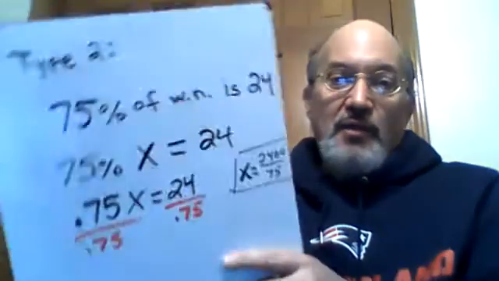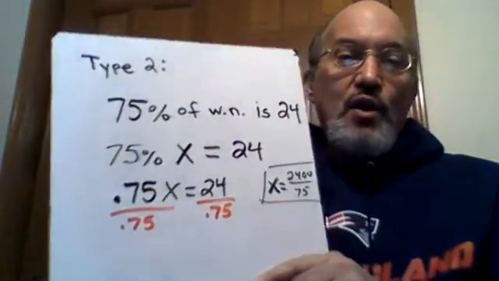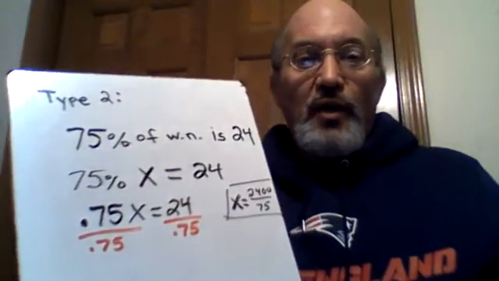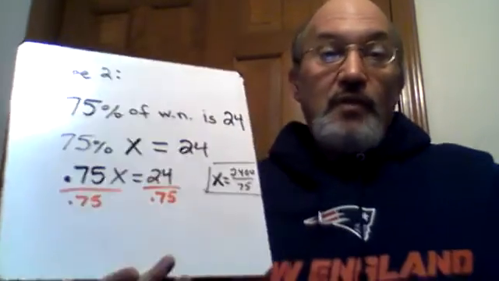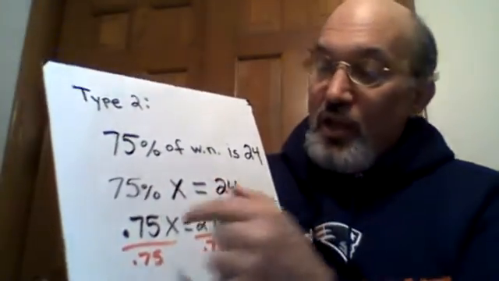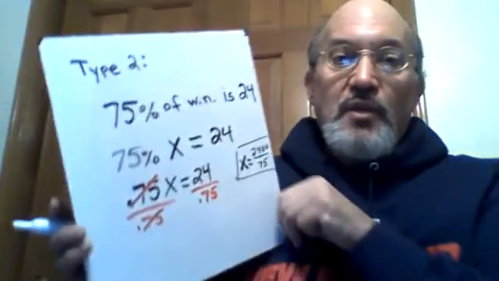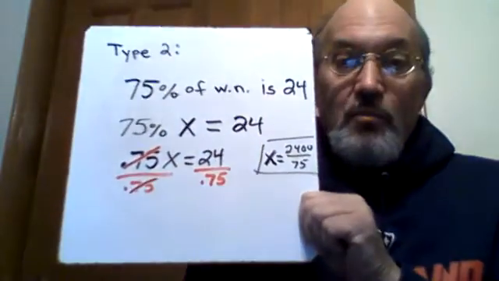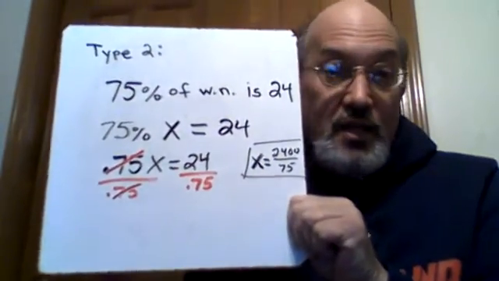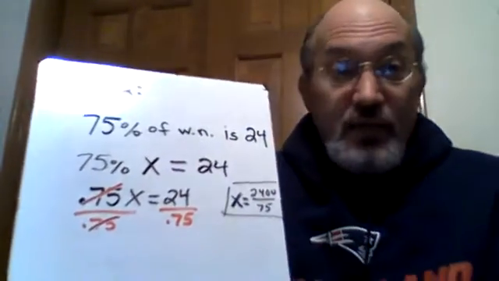Divide by 0.75. I love this aspect of math where we do a problem one way, we do it a second way, and we realize they're really the same way. Watch. Cancel these 0.75s. And now we are back to something that we covered extensively back in the fall of 2019. Decimal operations.